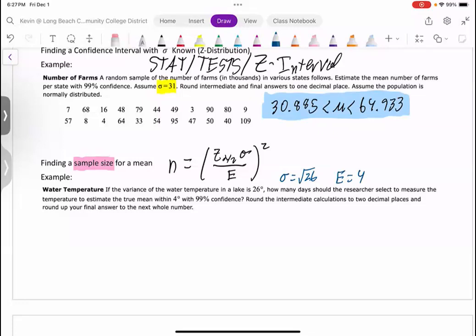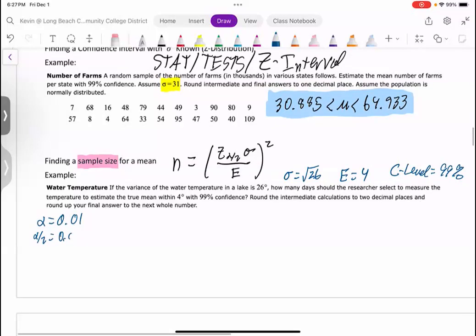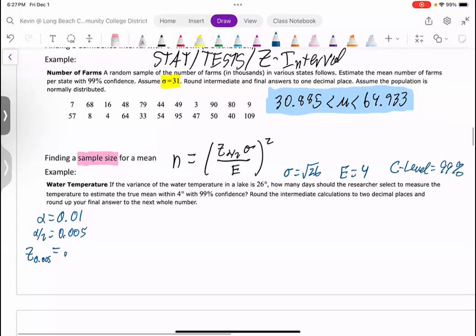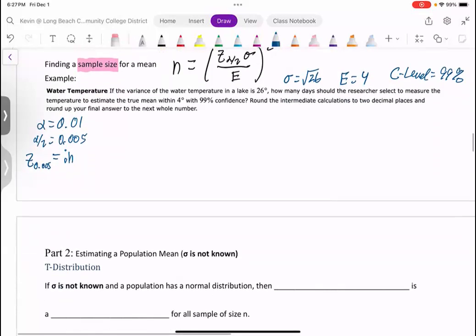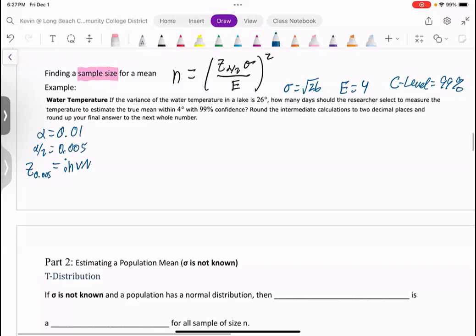99% confidence, so we call that our C level. Now this means our alpha is 0.01. Alpha over 2 is 0.005. And z sub 0.005, once again, is going to be inverse norm of 1 minus 0.005.